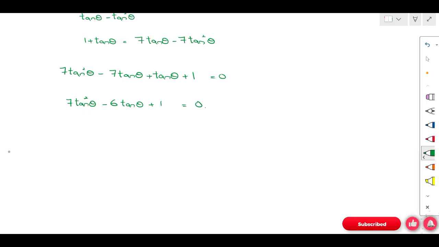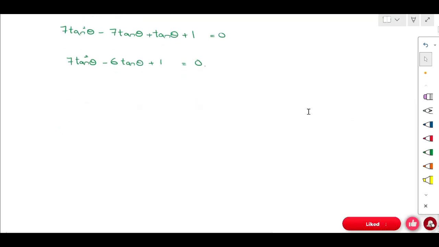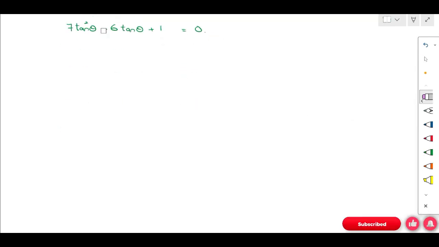Now let me factorize this, right? 1 times 7 is 7, and when you do minus 7 plus 1, that equals minus 6. So break the middle term like we did in the previous part. Alright, so here the factorization is not possible.